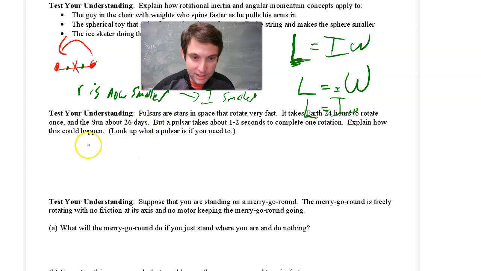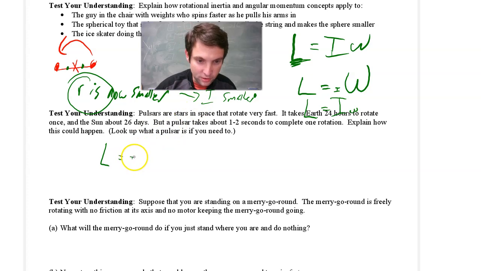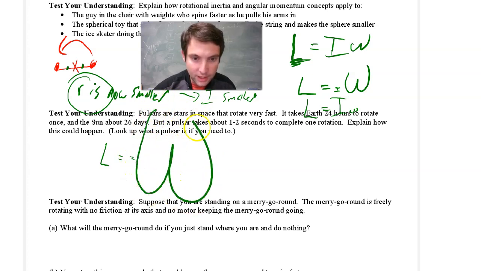So if you decrease, again, if you decrease that R, and your angular momentum is conserved, I is going to become smaller. So your moment of inertia, your rotational inertia, is tiny, and your angular velocity is gigantic.